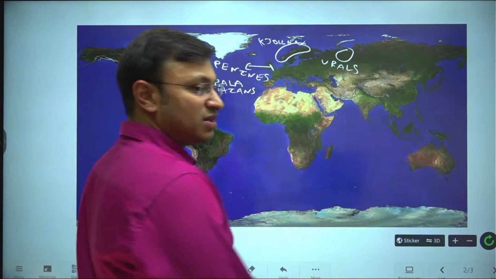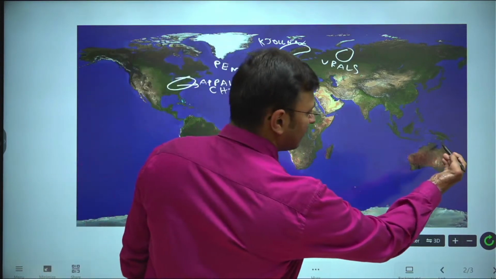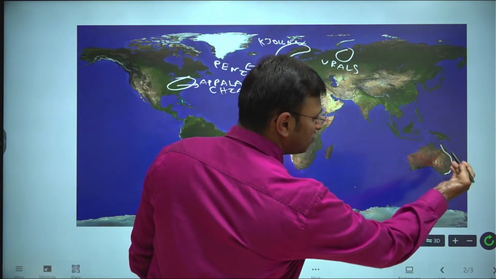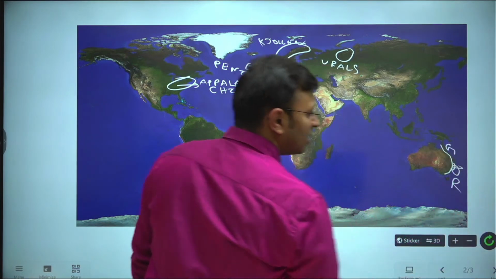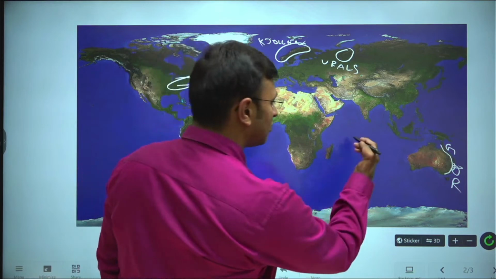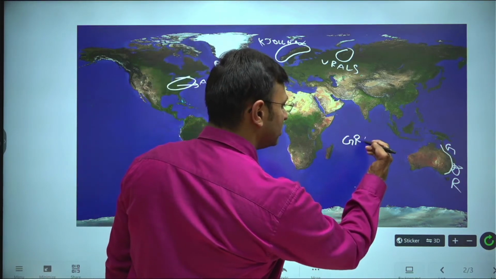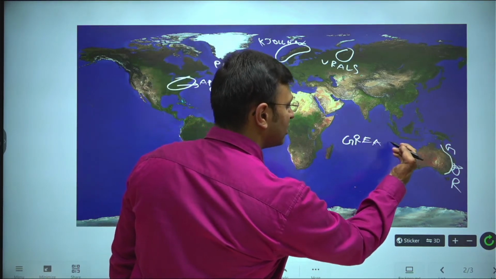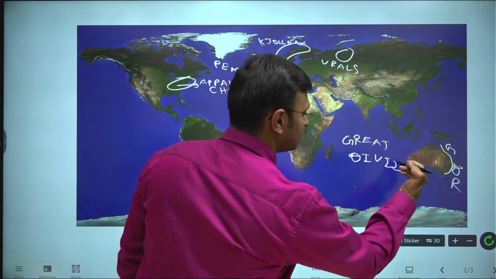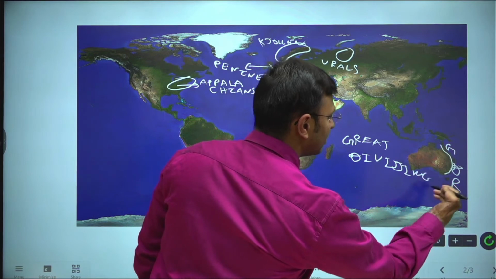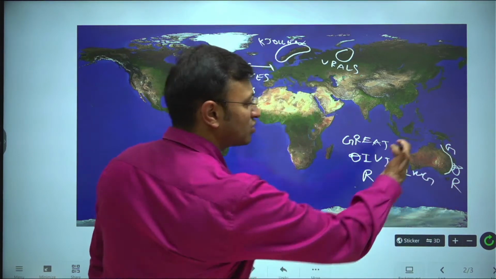Okay, in the extreme far right of Australia, over here you have the GDR, the Great Dividing Range of Australia. This is the Great Dividing Range of Australia to the extreme right.